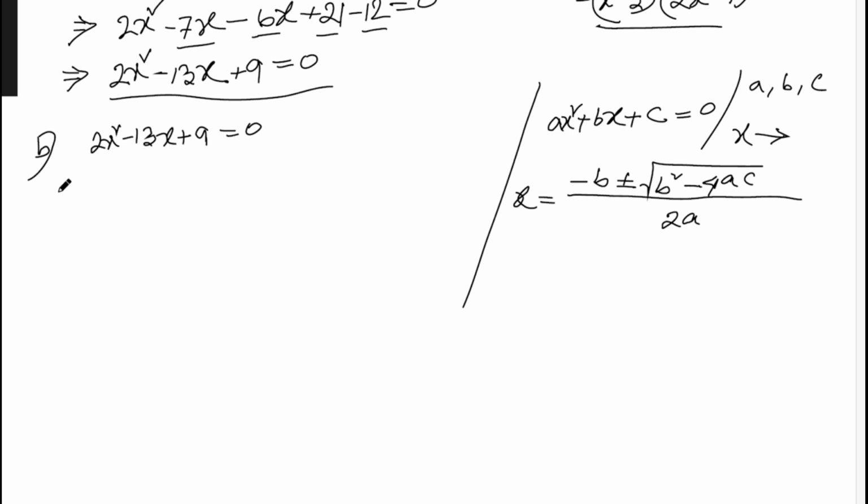From this equation, we get a is equal to 2, b is equal to minus 13, and c is equal to 9.